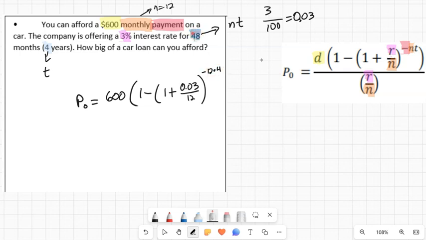So 48 also could have been used for the entire NT. Divide by, parenthesis, R over N, 0.03 over 12. Now I'm missing one parenthesis right there. It's important to see your open close parenthesis sets are correct, because if you leave off this parenthesis, then that stuff jumps into the numerator where it doesn't belong.